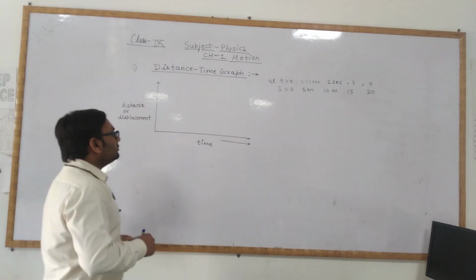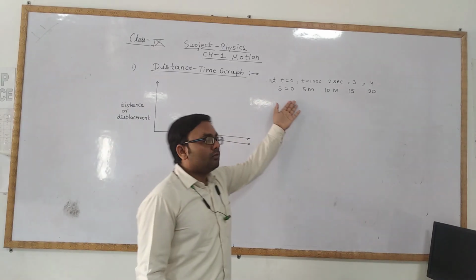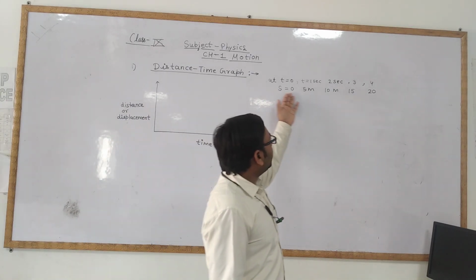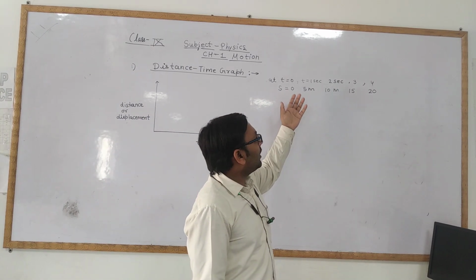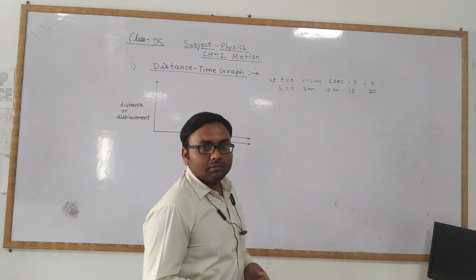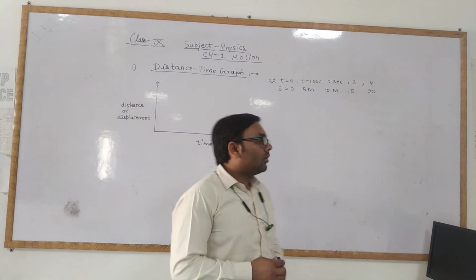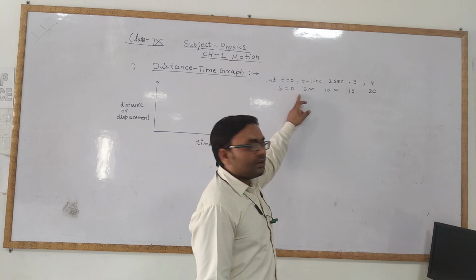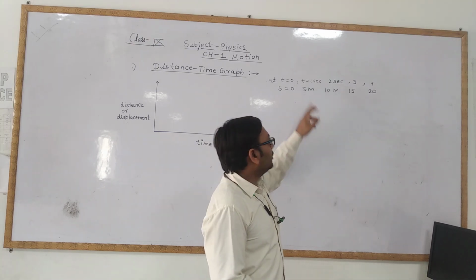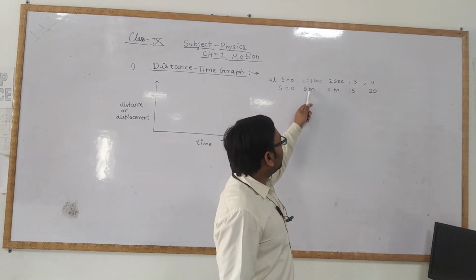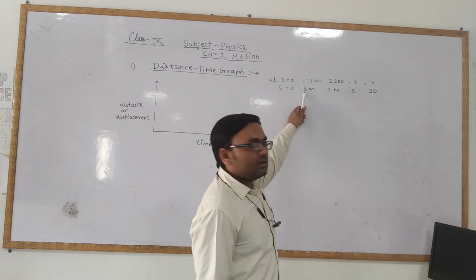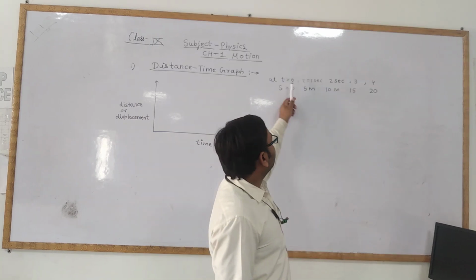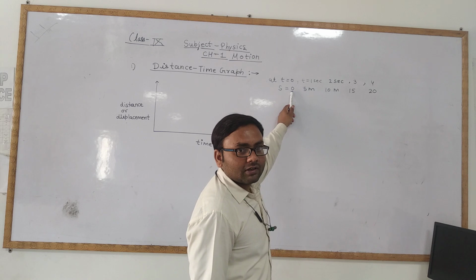Now I will give you an example. The object is moving, whether uniformly or non-uniformly. I have taken the example of uniform motion. You can see in each second the distance traveled by the body changes by an equal amount. At time 0 the displacement was 0.